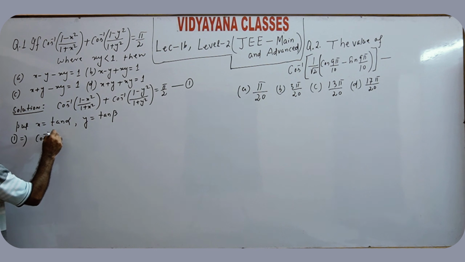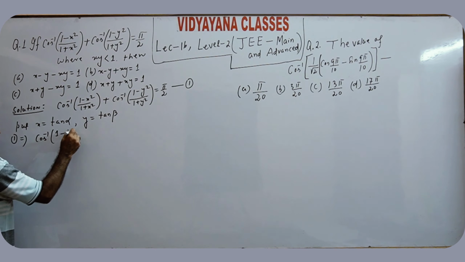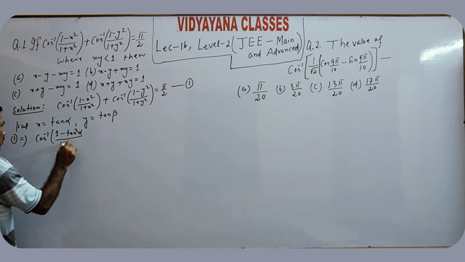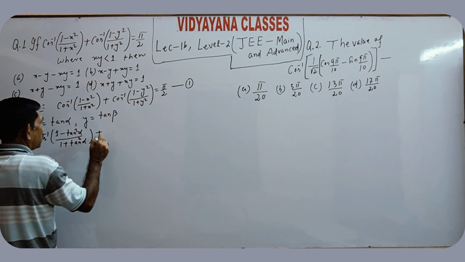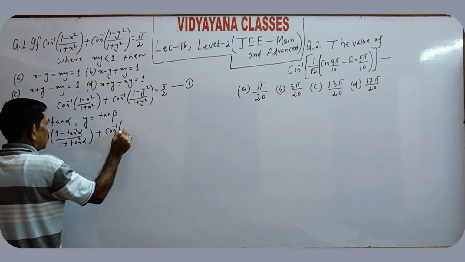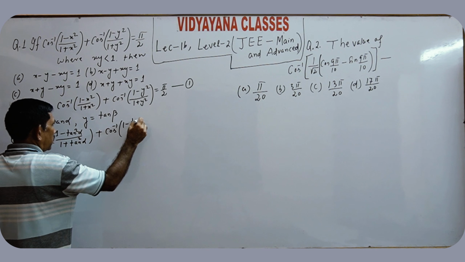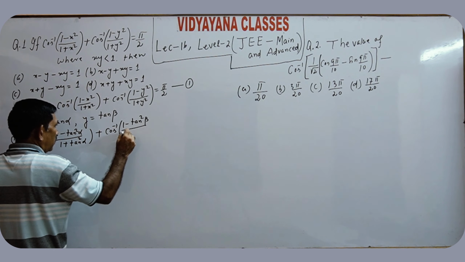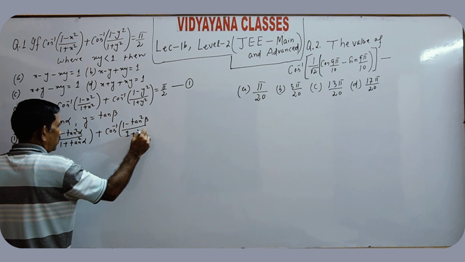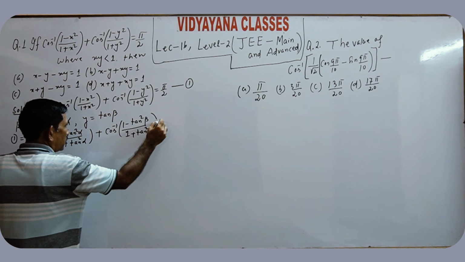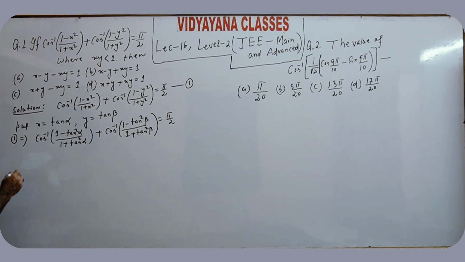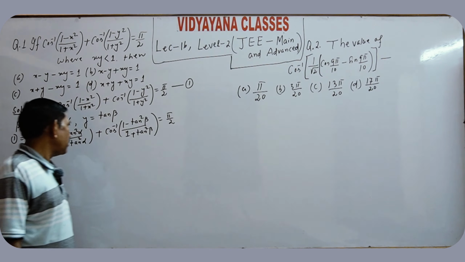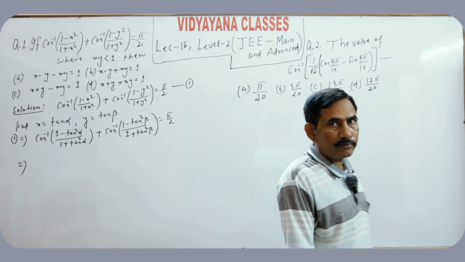Equation 1 implies cos inverse (1 minus tan square alpha divided by 1 plus tan square alpha) plus cos inverse (1 minus tan square beta divided by 1 plus tan square beta) is equal to pi by 2, which implies 1 minus tan square alpha divided by 1 plus tan square alpha is equal to cos 2 alpha.